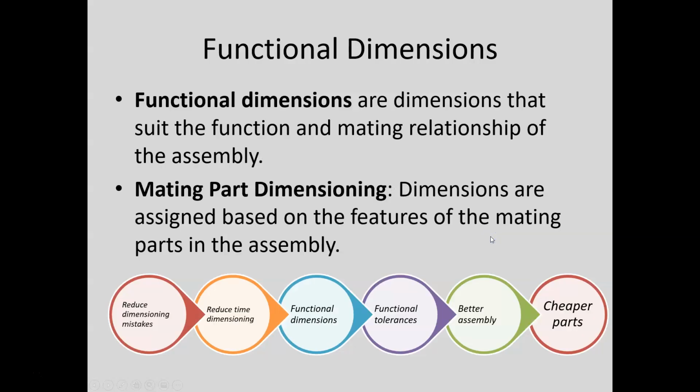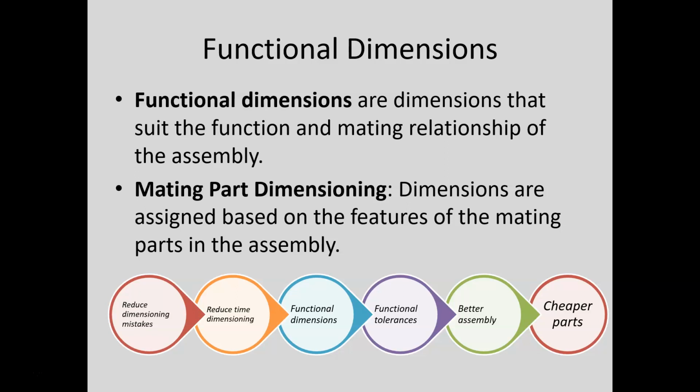All right, so continuing with this idea of dimensioning, what we're talking about really is making sure that our dimensions are functional. Functional dimensions are dimensions that suit the function and mating relationship of the assembly, which is really the king. That is the most important objective.